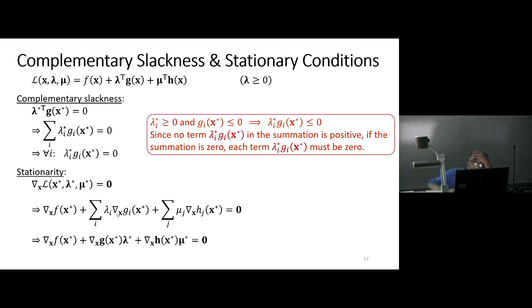Now, vectorially, when you differentiate this with respect to x, del of this will give you this, and del of this, mu transpose h, will give you del of h times mu. The derivative of this term is this term. So we are differentiating with respect to x, treating lambda and mu as constants.